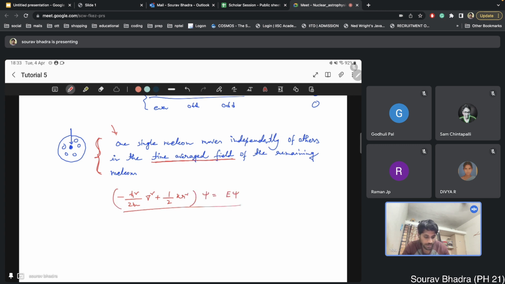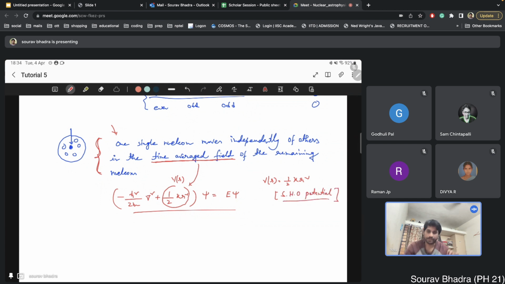This is the Schrodinger equation for a nucleon, where the potential term V(r) is taken as a time averaged potential for this shell model. V(r) can be written as half k r squared only under this assumption, which is actually a simple harmonic oscillator potential.